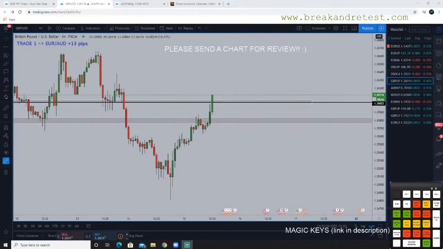And looks like it's going to be a clean breakout, a strong breakout. It's already moved 10 pips above. This is what we like to see.